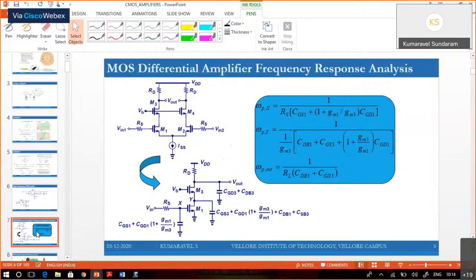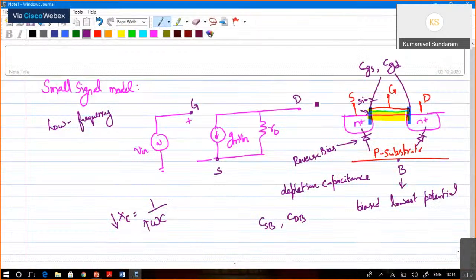So now we need to go with the analysis. In MOSFET, we have the basic configurations. It's a 4-terminal device: gate, drain, source, and this is the bulk.